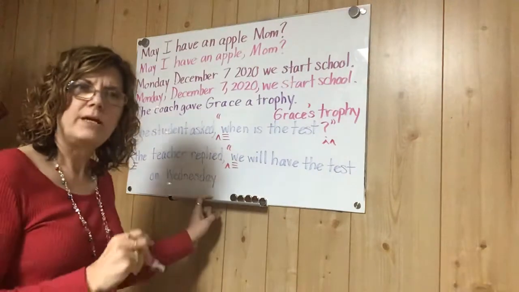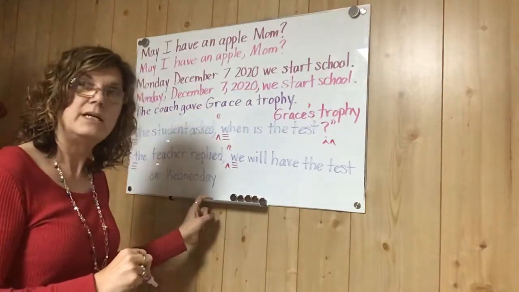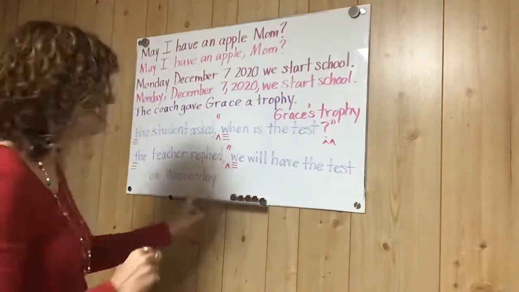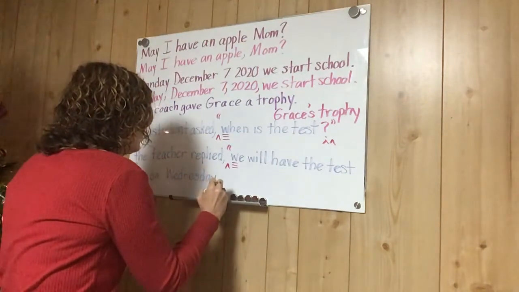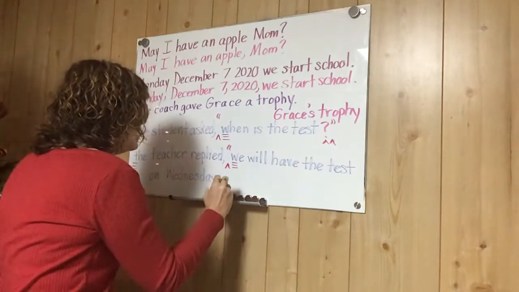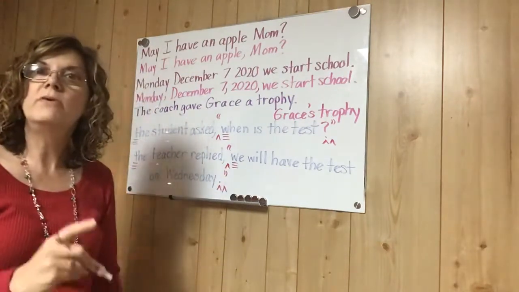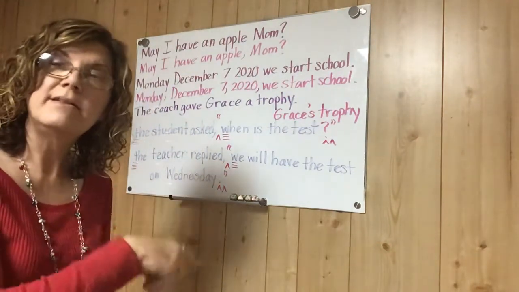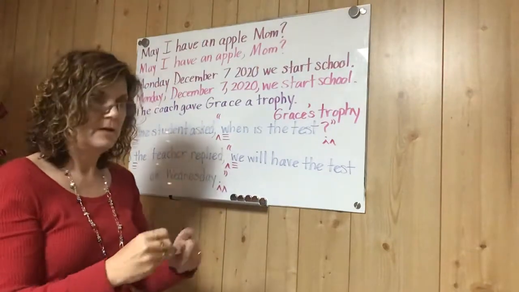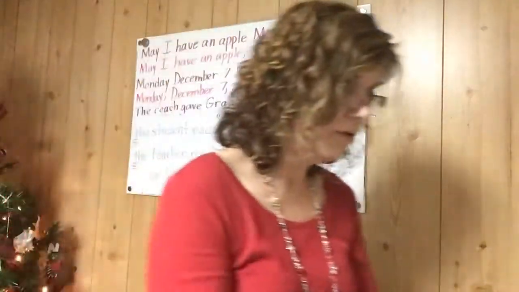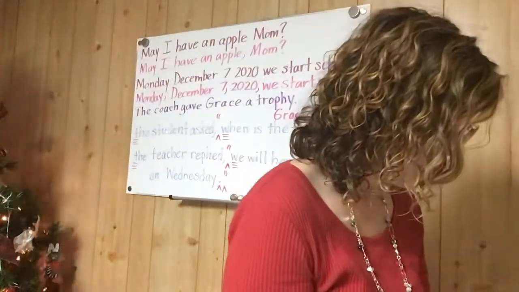What kind of sentence would that be? Did you say declarative? So insert a period and then insert your quotation mark afterwards. Remember, the punctuation goes inside the quotation mark. All right, so that is another thing you will be doing on the test.